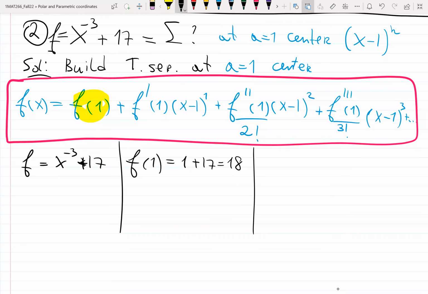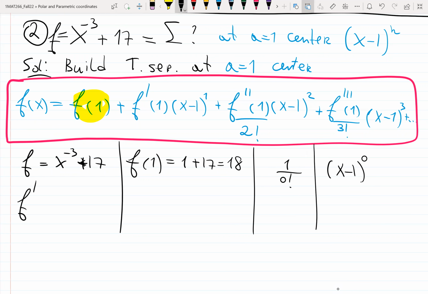That will be multiplied by x minus 1 to the 0 divided by 0 factorial, like so. But if we just ask you for the coefficients, then you should not include any x. Coefficients don't have x in them. So it's divided by 0 factorial and multiplied by x minus 1 to the 0. That is what's going on here.